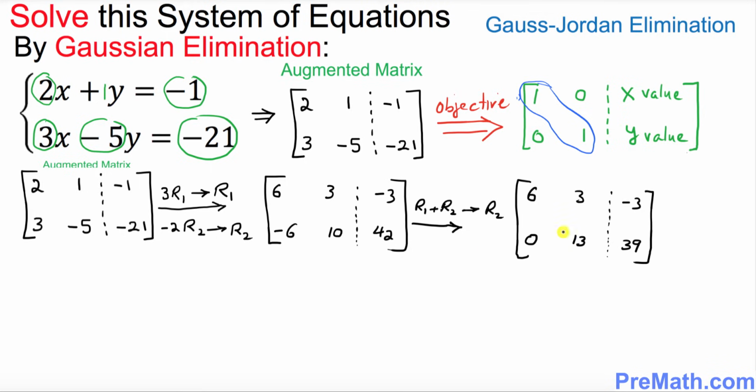And now as you can see, the second row we can easily multiply by 1/13. That means we can divide it.